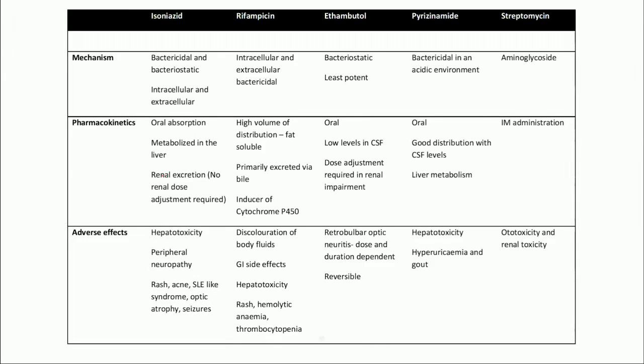It also causes weird sort of rashes and SLE-like syndrome එකක් වගේ එන්නත් පුළුවන්. Right? ඔය සමහරවිට මේ බලමාලු allergy තියෙන අයට they get reactions with isoniazid. Right? බලමාලු allergy. Right. So that is that.